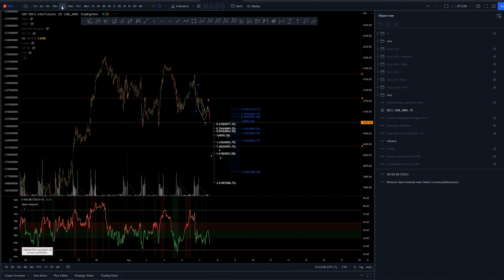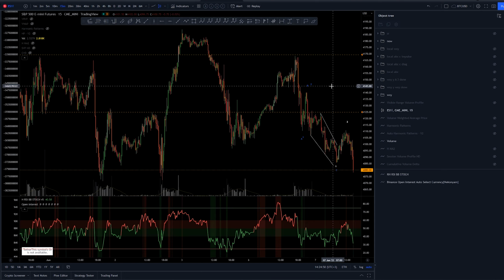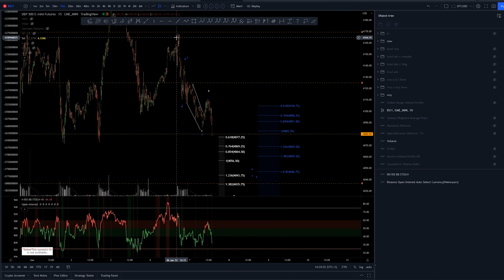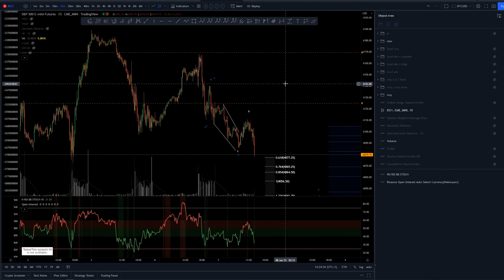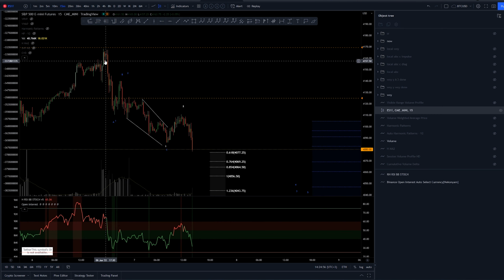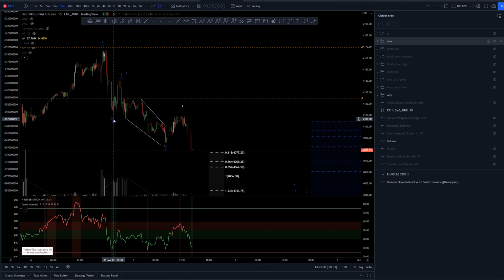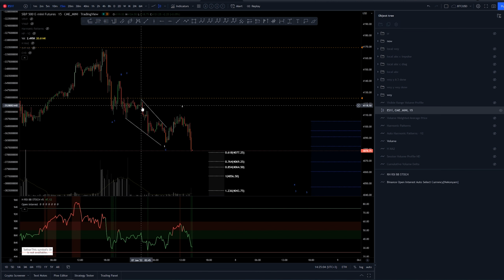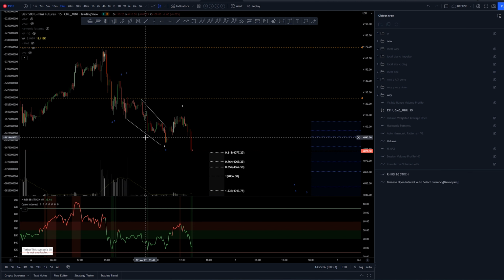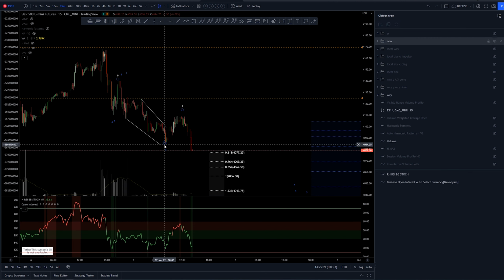Now here on a very local scale, I can see a couple of different ideas. Either we have this as an ABC, we can look at this on 15 minutes and see some kind of structure, possible 1, 2, 3, 4 and 5 into A or 1, then 3-wave structure into B or 2, and then we could have this as a 1, 2, 3, 4 and 5.